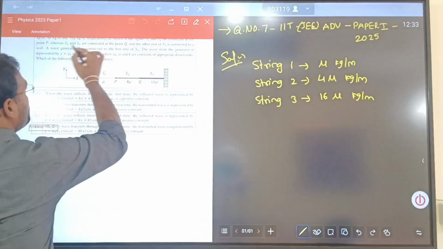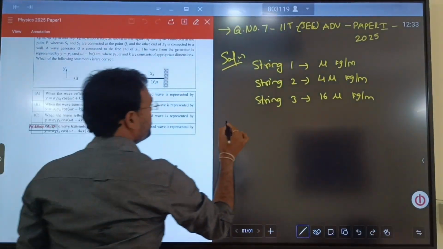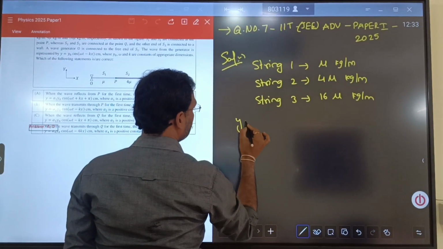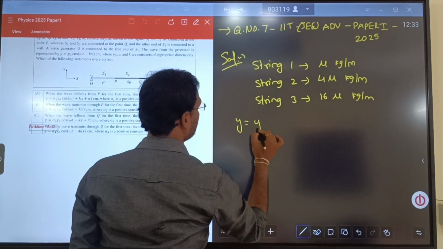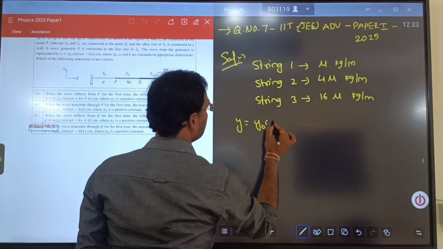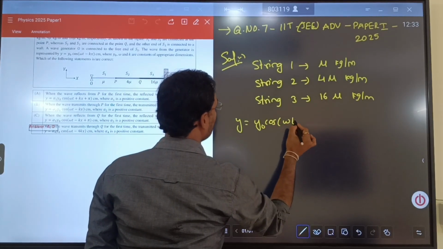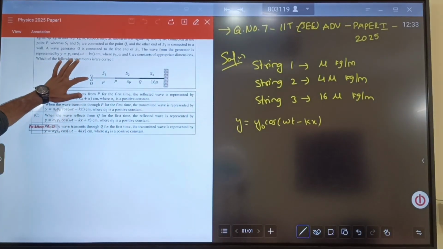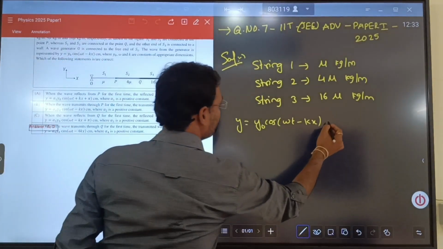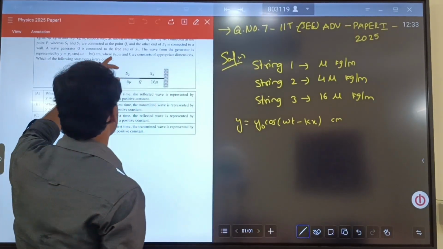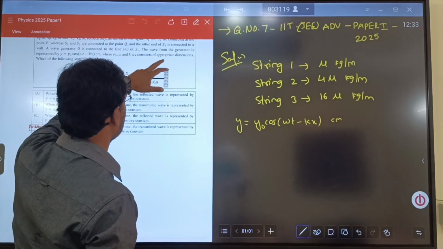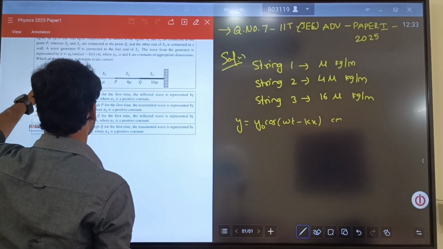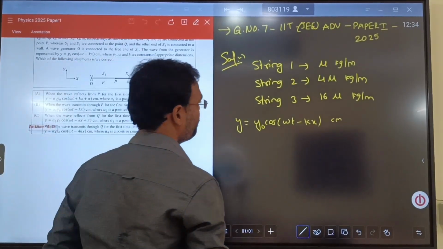The wave from the generator is represented by y equals y naught cos(omega t minus kx). Here y naught, omega, and k are constants of appropriate dimensions. Which of the following statements are correct?